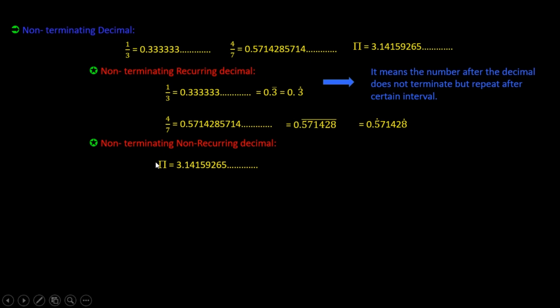But decimals which are non-terminating and non-recurring are not rational numbers.